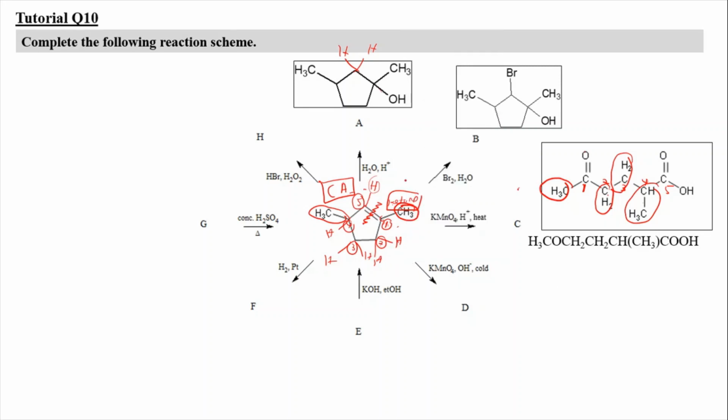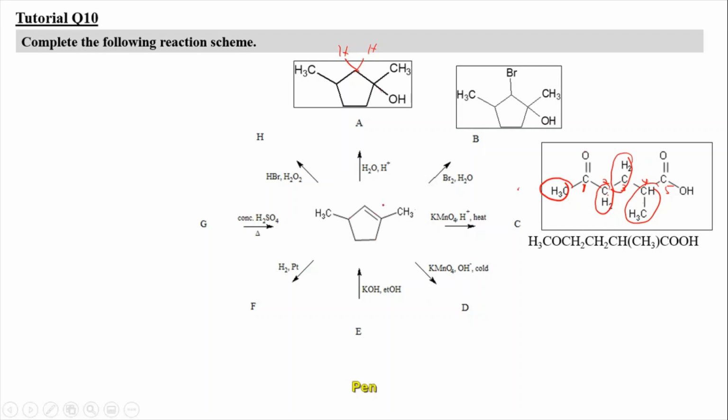Now let us look into reaction scheme D. For reaction scheme D, we have KMnO4 in basic condition at cold temperature. What is going to happen here is that a diol is going to be formed.